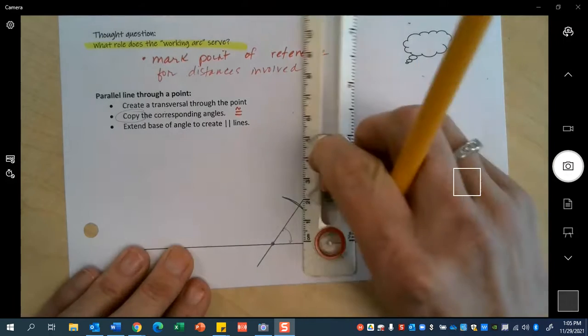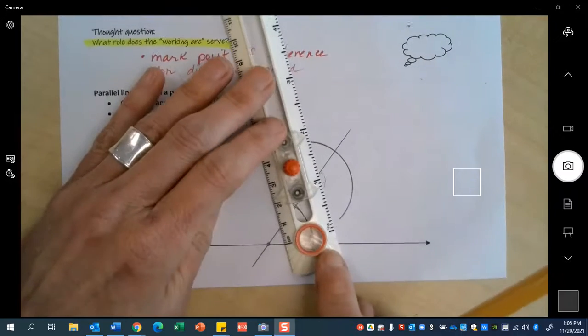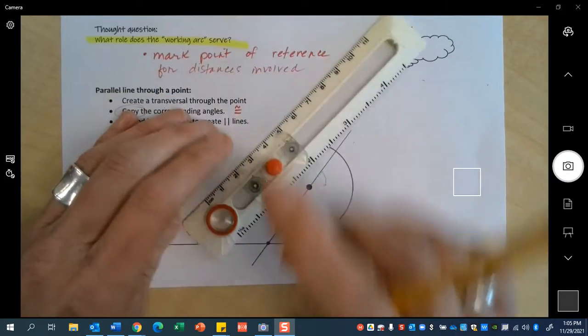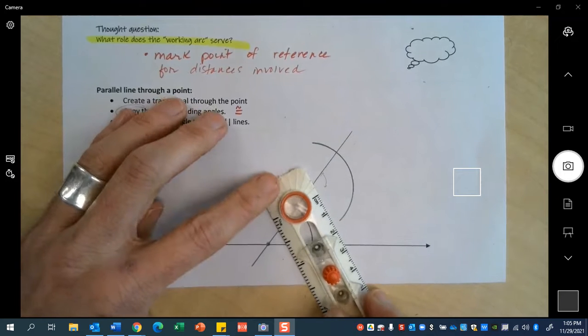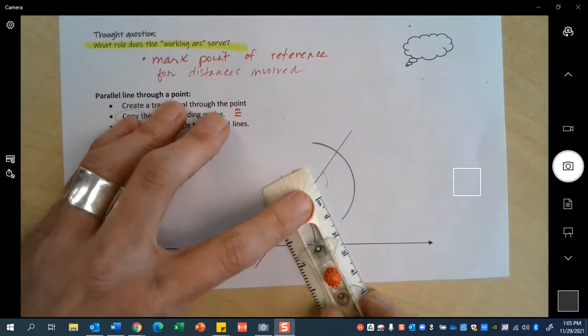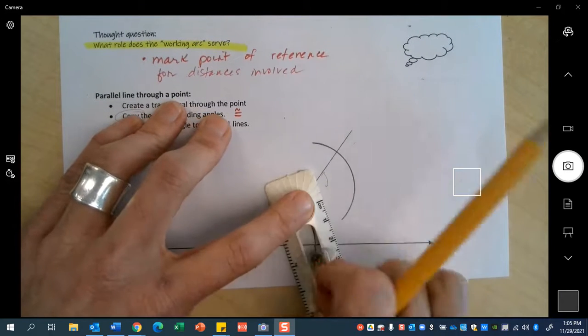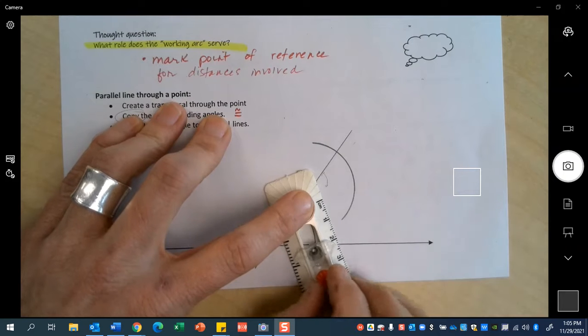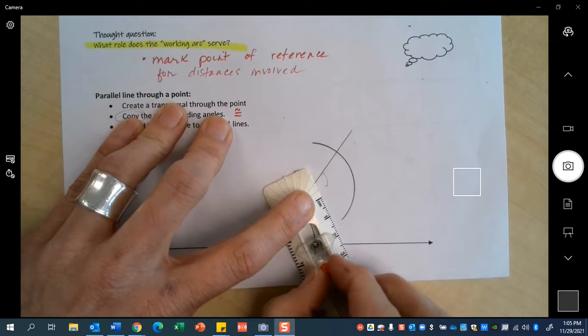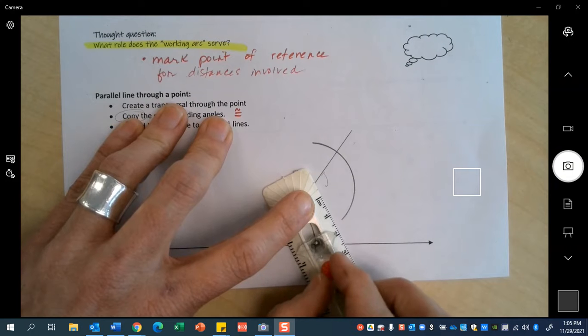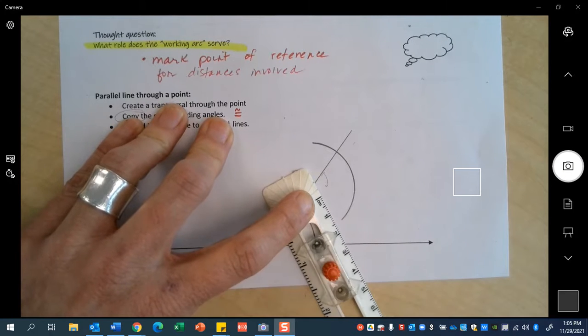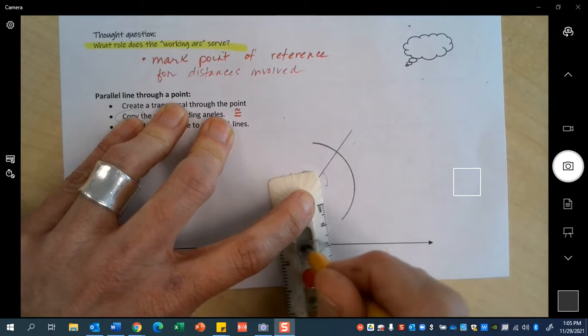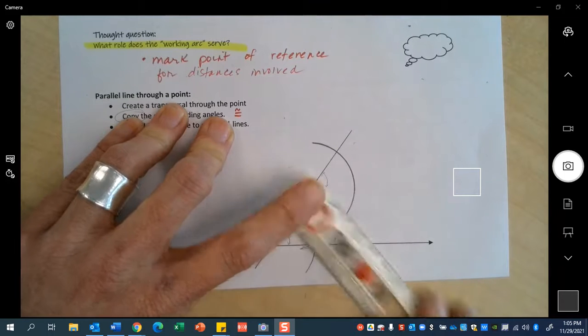So instead of measuring up this way, I can measure this way. That is the same distance whether I go up, down, or down, up. So I'm going to go ahead and adjust my slide so that I measure how far that distance is. And I'm going to create a little mark telling everybody, hey, I measured this.